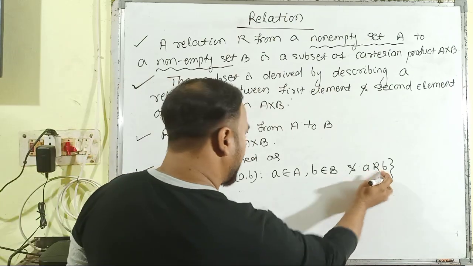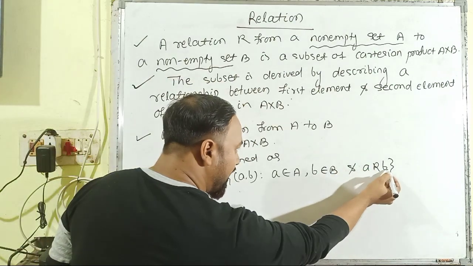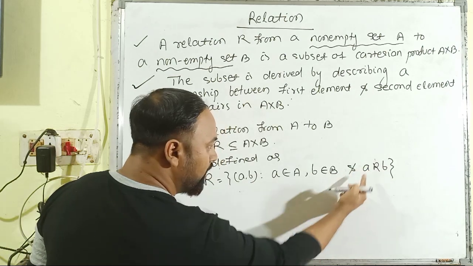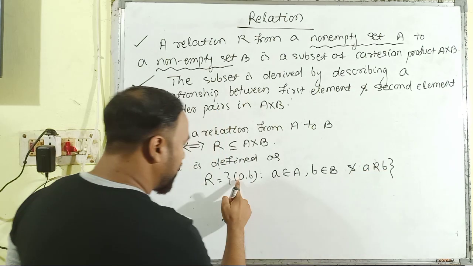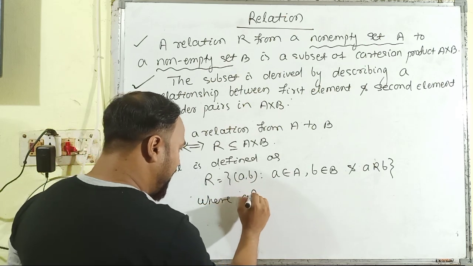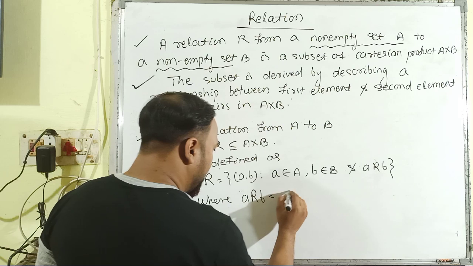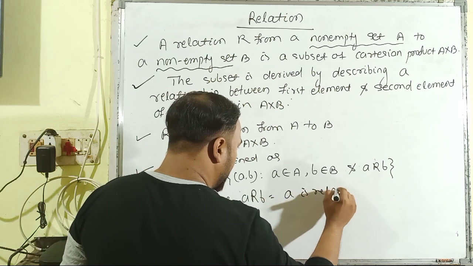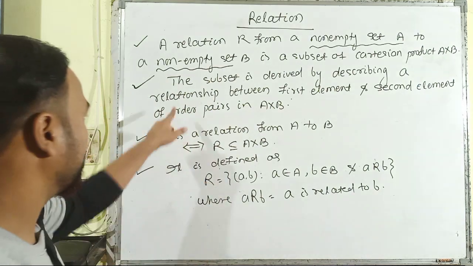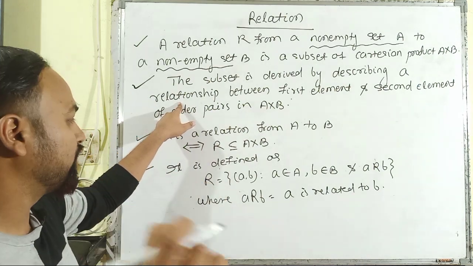And A R B. What do you mean by A R B? That means there exists a relationship between the 2 elements A and B, where A R B means A is related to B by one relationship or by a fixed relationship.